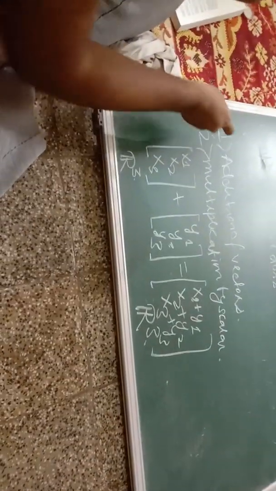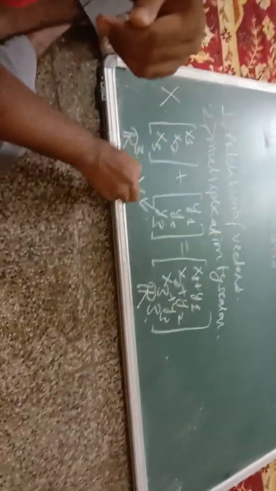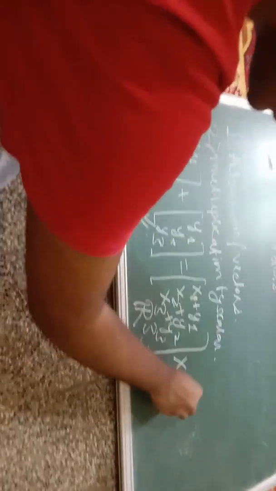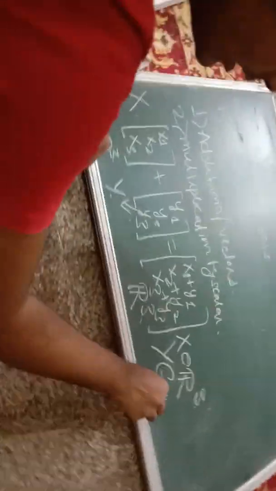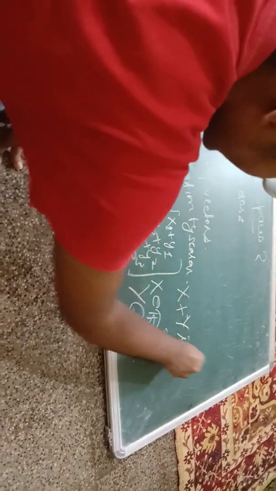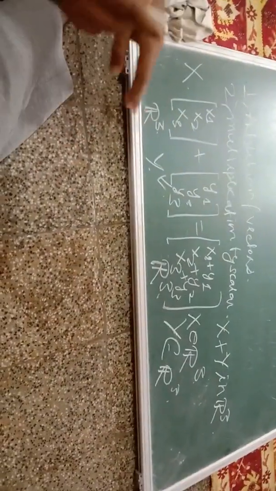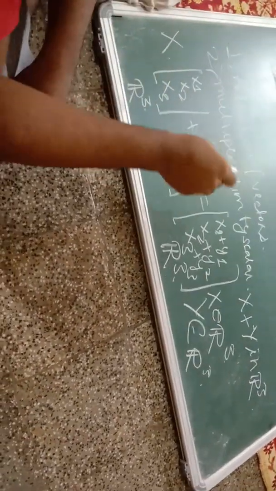Addition, as we know, is that if we have a vector capital X and a vector capital Y, where capital X belongs to the R3 space, for example, and capital Y belongs to the R3 space, then we can associate to them a vector X plus Y also lying in the R3 space. We call that the addition of vectors.